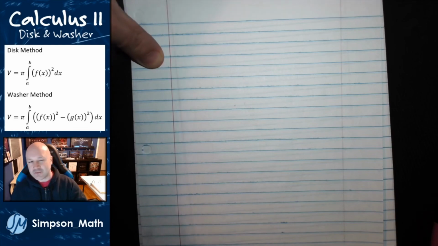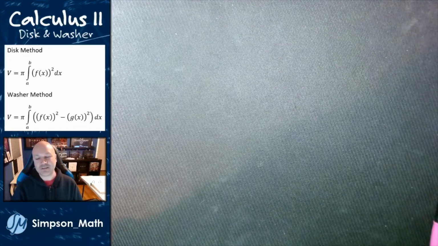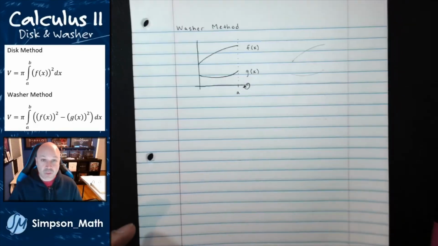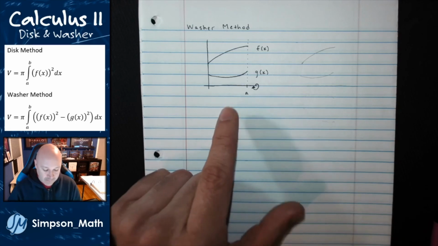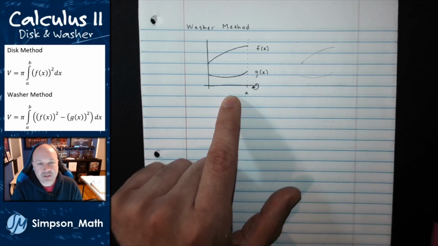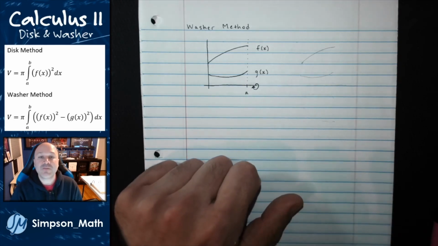What may be kind of new is the washer method, but still I claim you know this as well. Let me show you what I mean by a washer. Okay, I've got some Cartesian plane with two functions defined over the interval 0 to a, and I'm going to revolve it around the x-axis.